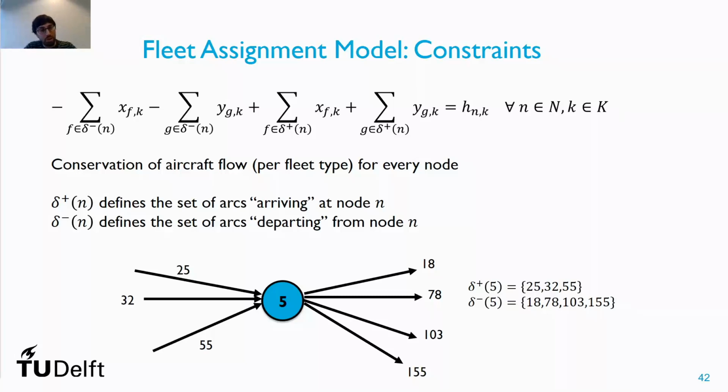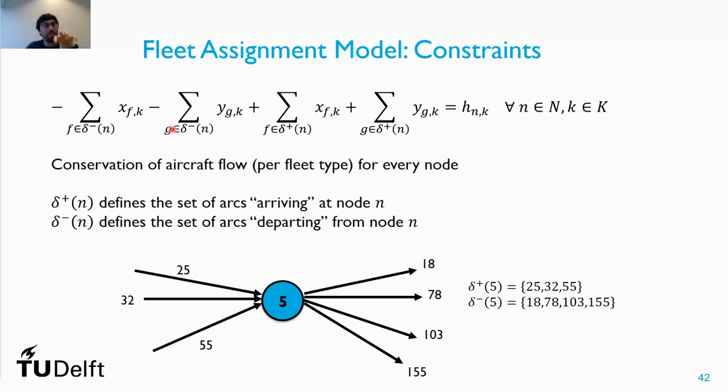And the reason why I was using a negative number for the source of an aircraft is because I'm using the minus for delta minus, which is a set of arcs leaving a node. And if you consider a source node for an aircraft, this is the term which will be probably 1 or greater than 1, because this is the set of arcs leaving a node.